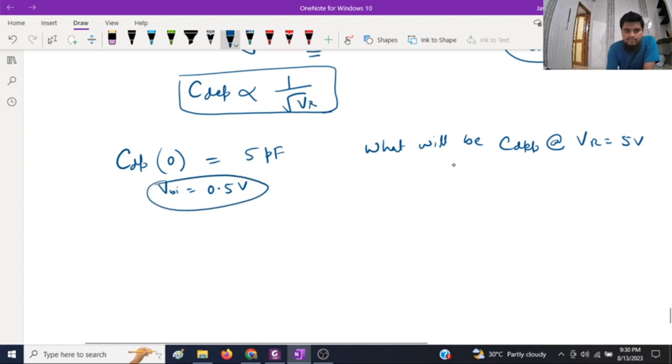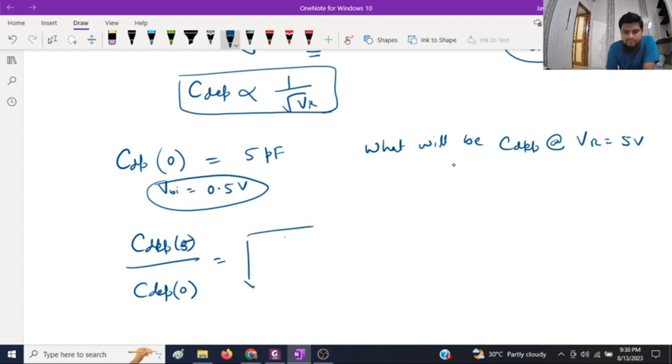So to solve this, you can directly write C depletion at 5 volts divided by C depletion at 0 volts, that will be equal to, because it is proportional to 1 by root of (Vr plus Vbi), right? So that will be equal to root over Vbi plus 0 divided by Vbi plus 5 volts.